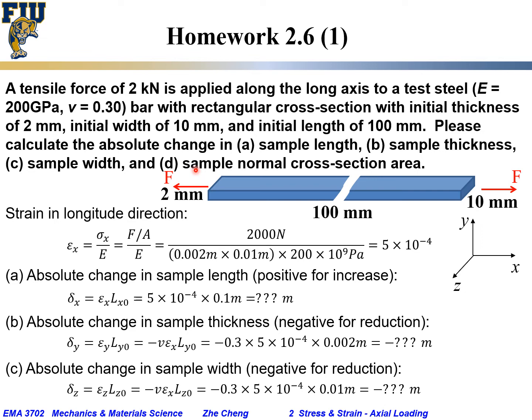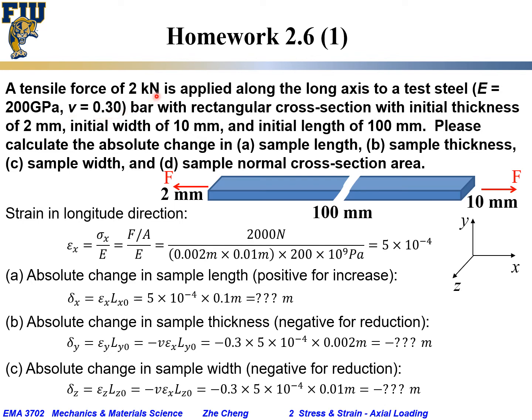Okay, homework 2.6. For this problem, we have a tensile force of 2000 Newton applied along the longitudinal, the long axis, to a test steel sample with a rectangular cross-section. We know the steel material has properties of E, elastic modulus, of 200 gigapascal, and mu, Poisson ratio, of 0.3.